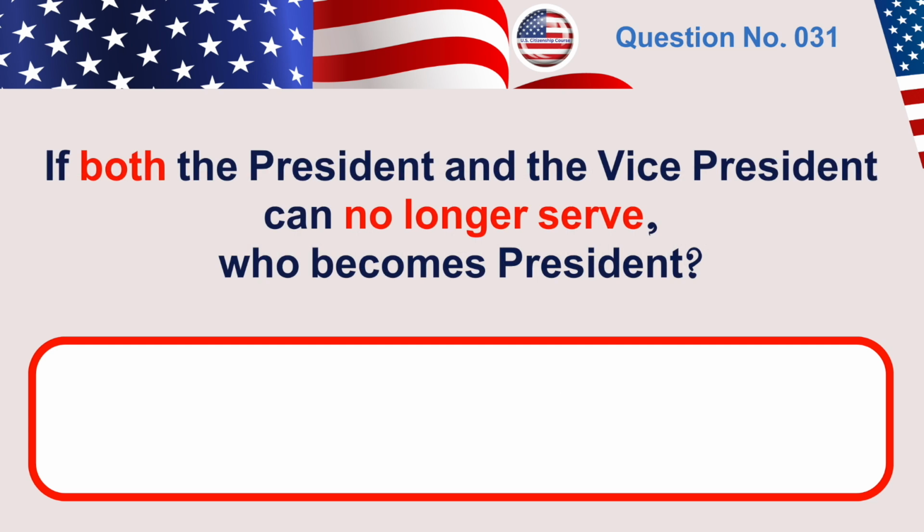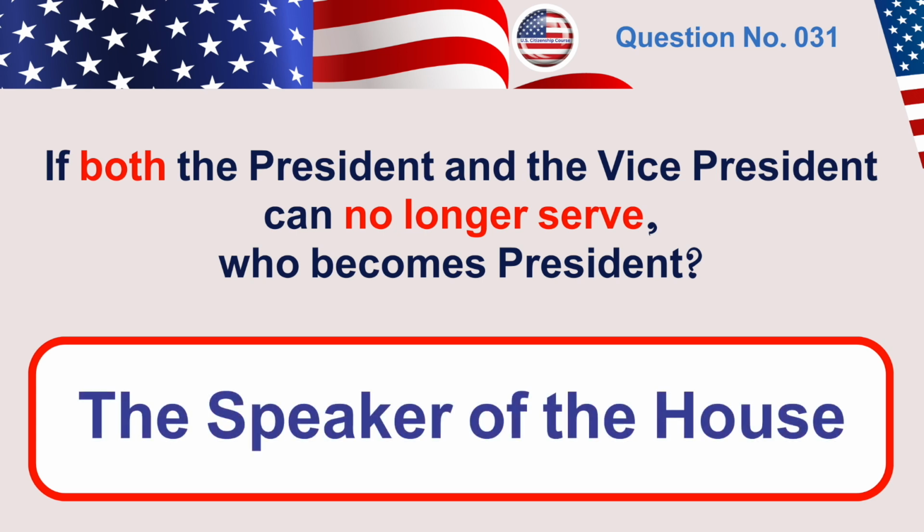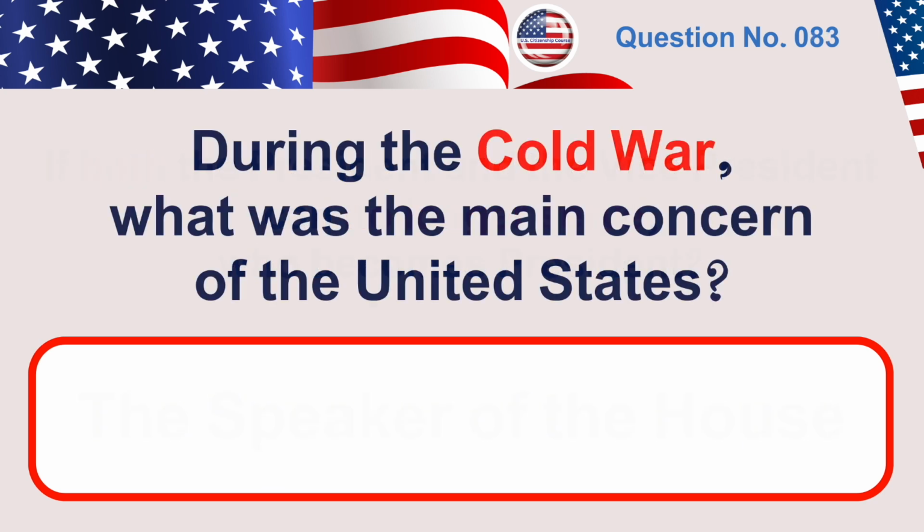If both the president and the vice president can no longer serve, who becomes president? The Speaker of the House. During the Cold War, what was the main concern of the United States?